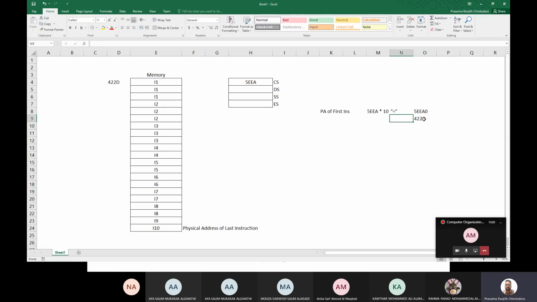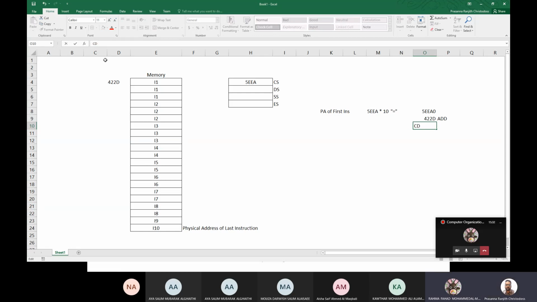What happens now if you add? We add 5EEA0 with 422D.